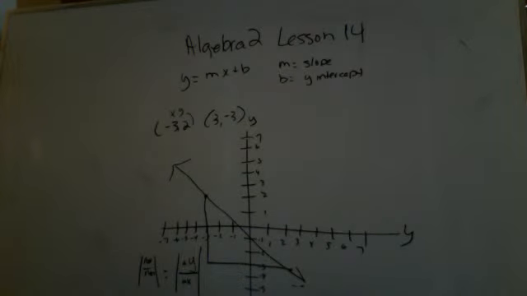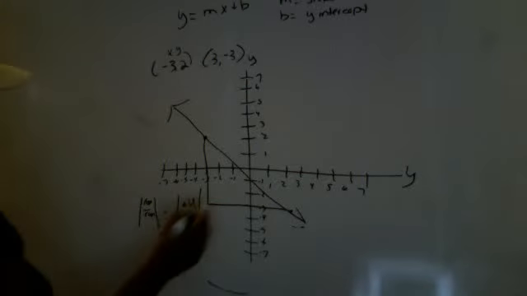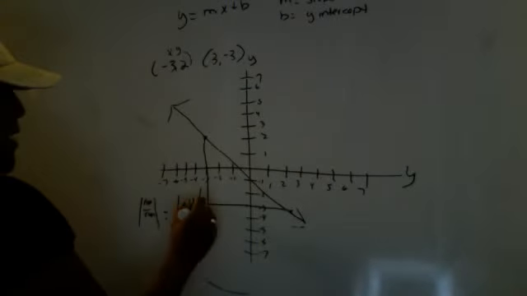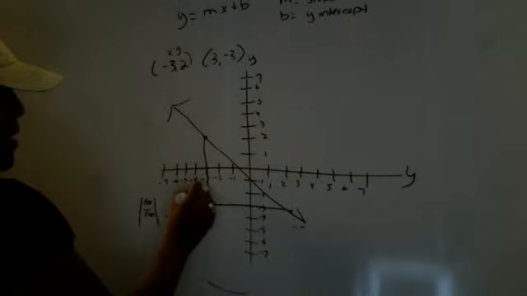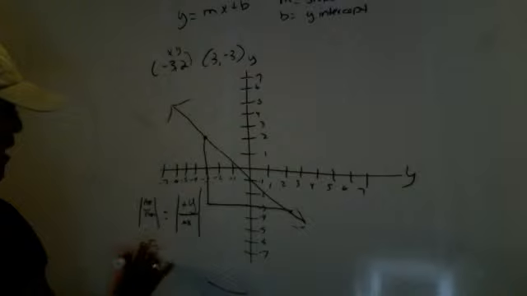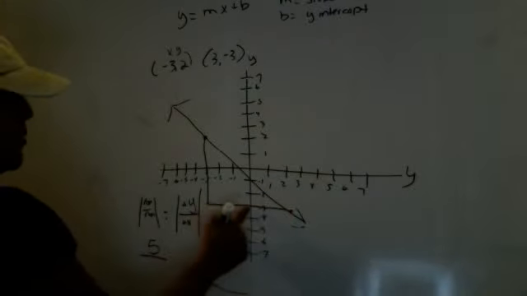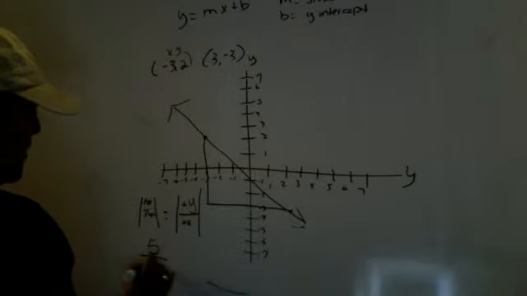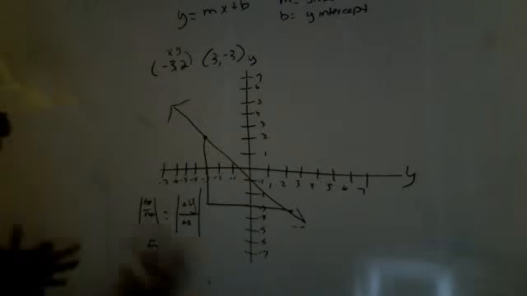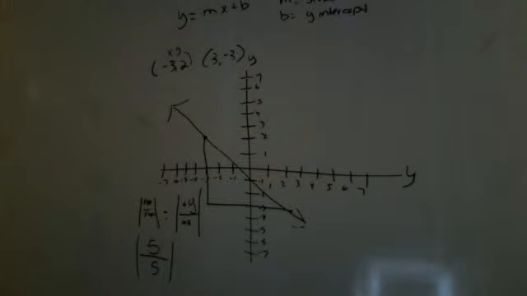Okay, that's the magnitude. So, looking at my y, from here to here, what's the distance? 1, 2, 3, 4, 5. So I have 5. And the distance from here to here is 1, 2, 3, 4, 5. And I want the absolute value, so it doesn't matter if it's negative or positive.